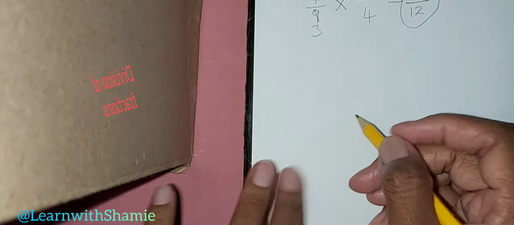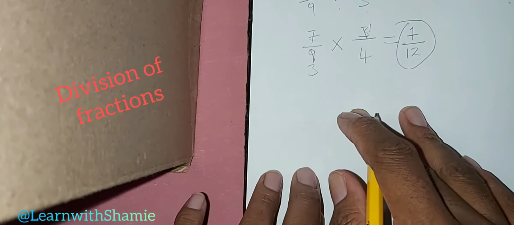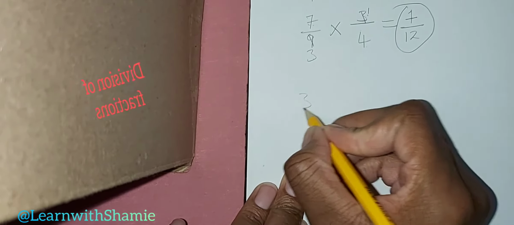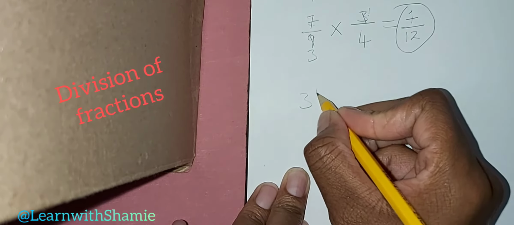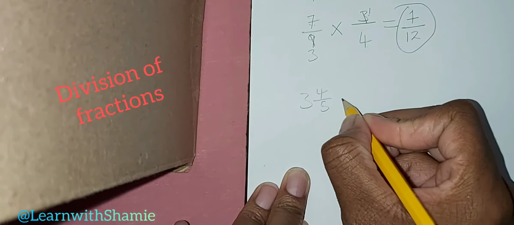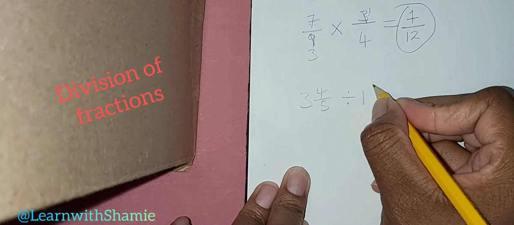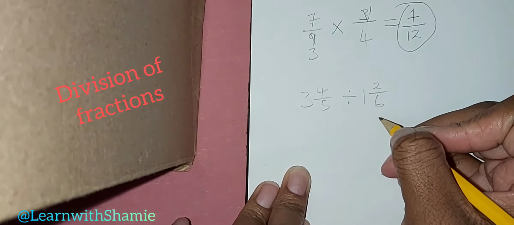The next one, we're going to be dividing a mixed fraction. So you have 3 and 4/5 divided by 1 and 2/6.